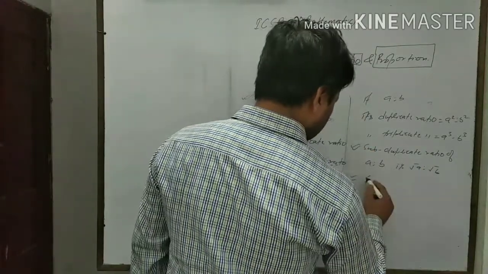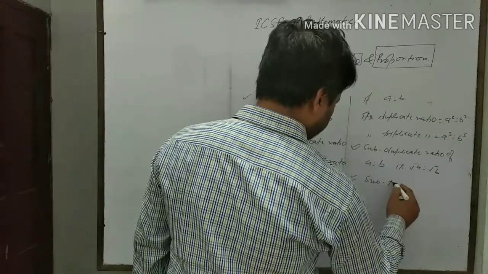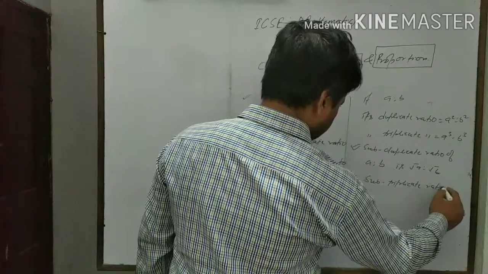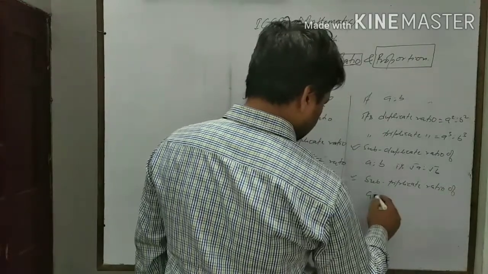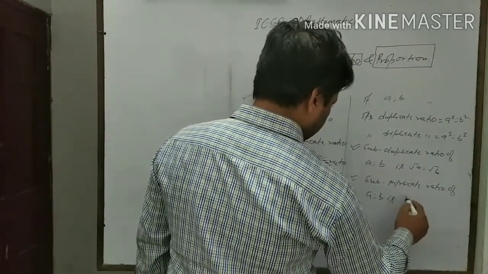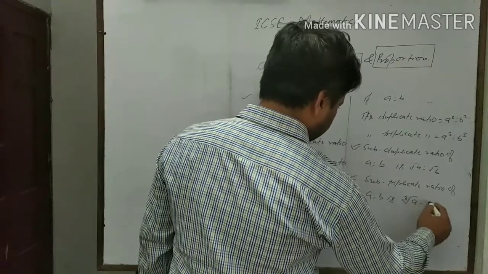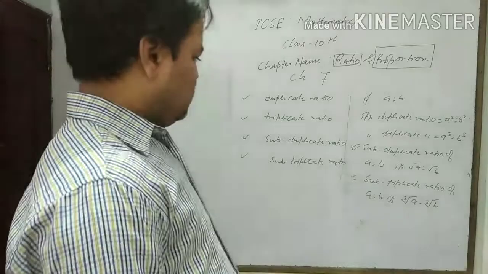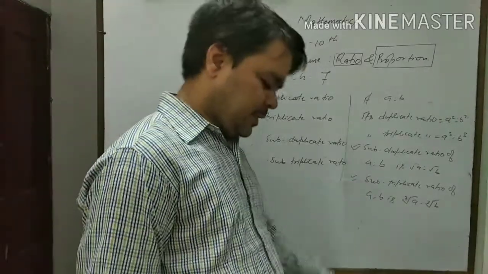Similarly, the subtriplicate ratio of A is to B is cube root of A is to cube root of B. Okay, this is the subtriplicate ratio of this.